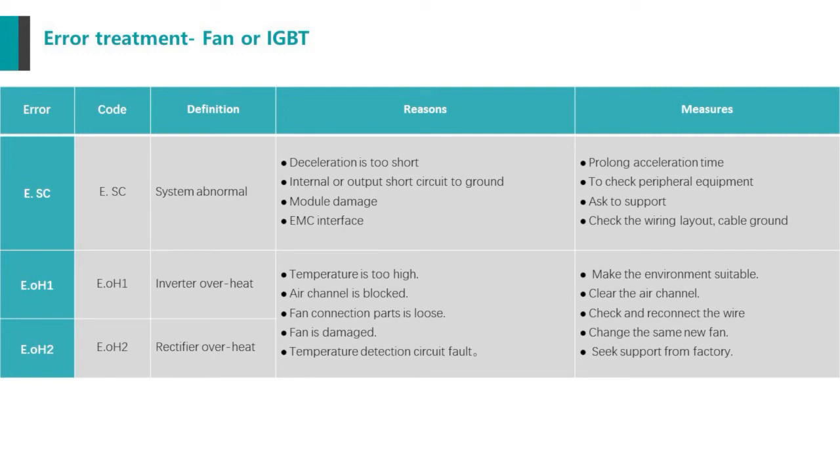The OH is the over temperature or overheat fault. The IGBT part and rectifier have the highest temperature in the inverter. And there is a temperature sensor around the IGBT. So the fault could be due to high environment temperature or bad air ventilation.